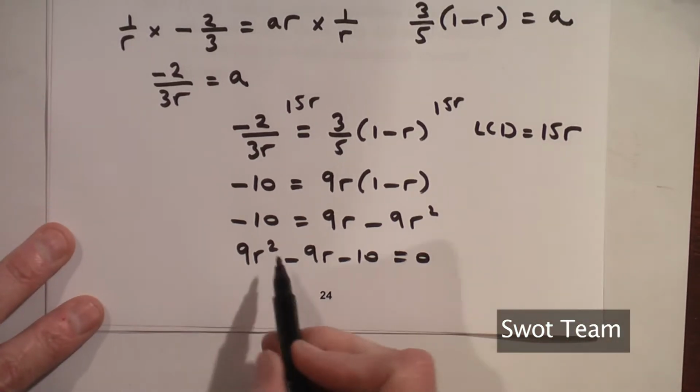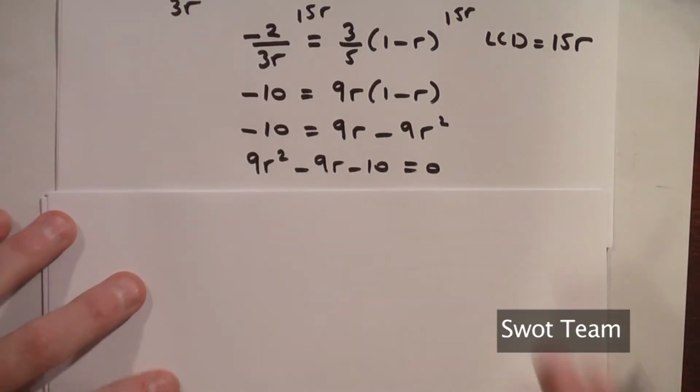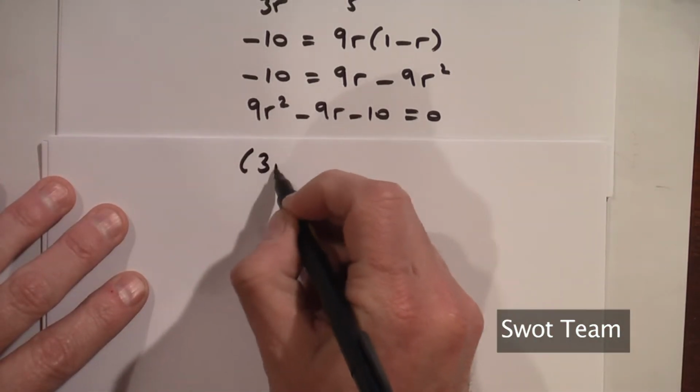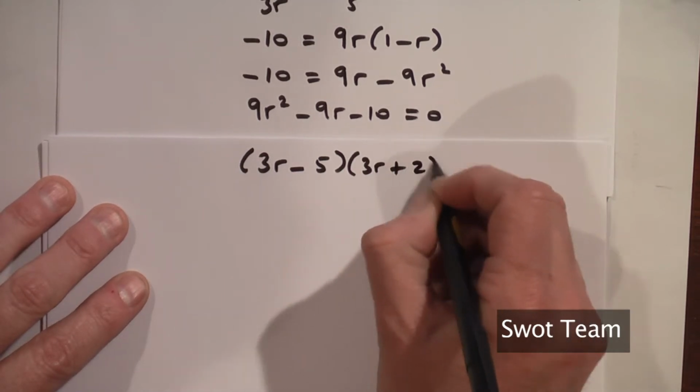So what do we know? No common factor. Now, of course, guys, what can we use here? The quadratic formula, or if you don't have the quadratic formula that you want to use, you can use your grade 10 method, which I'm going to do. But, of course, you don't have to do this. You can use the formula. What do we know? If this factorizes, it's (3R minus 5)(3R plus 2).